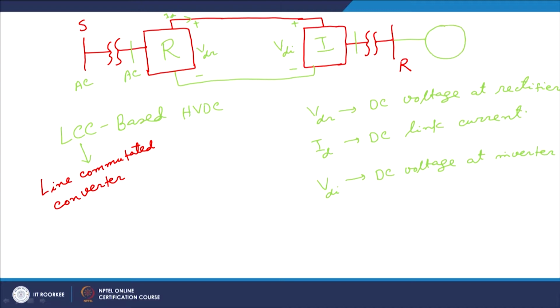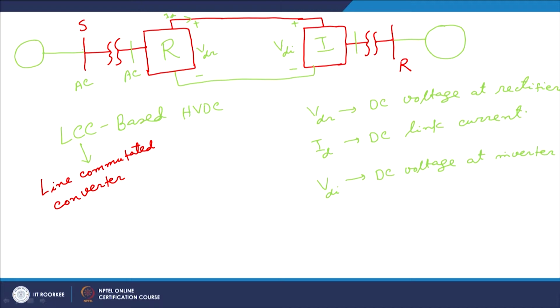At this side there is a grid, at this side also there is a grid. So, then therefore, what happens is that essentially from this side of the grid to this side of the grid, power actually flows from the sending end to the receiving end. So, that is how it is done.